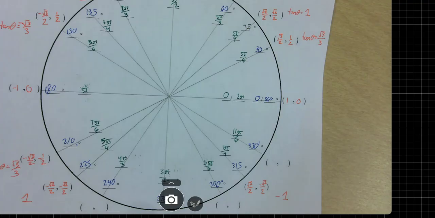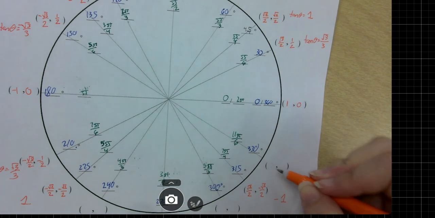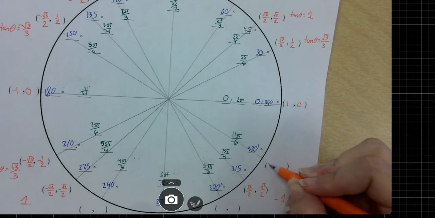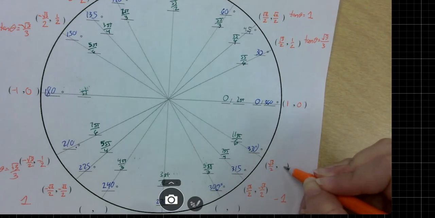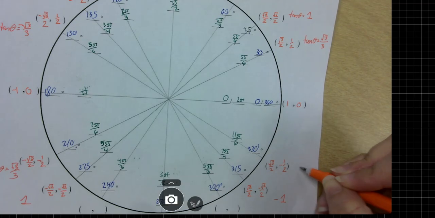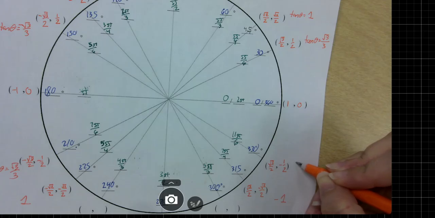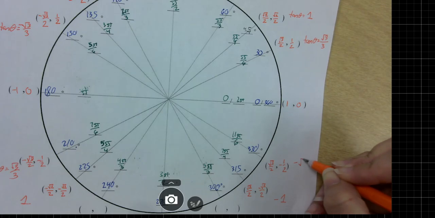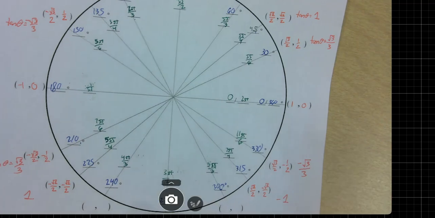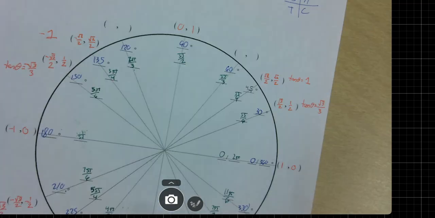Okay. Liam, where am I going to next? What radian or degree? Yep, and what's my point? And what's tangent? Yep, negative square root of 3 over 3. Perfect. Okay, we have one more.